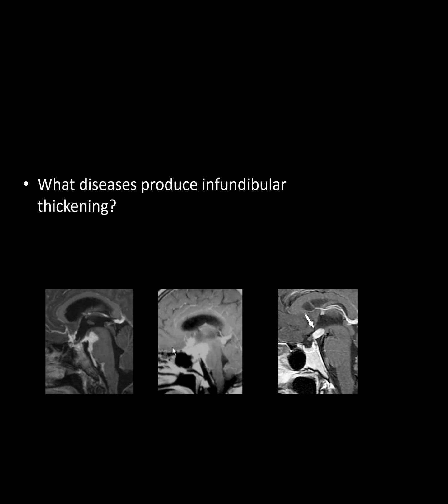I'm not sure. So LCH, Langerhans cell histiocytosis, can cause diabetes insipidus and give you a suprasellar lesion. Classically, it'll be infundibular thickening that you might see with that. So those are three big granulomatous diseases that can give you infundibular thickening.